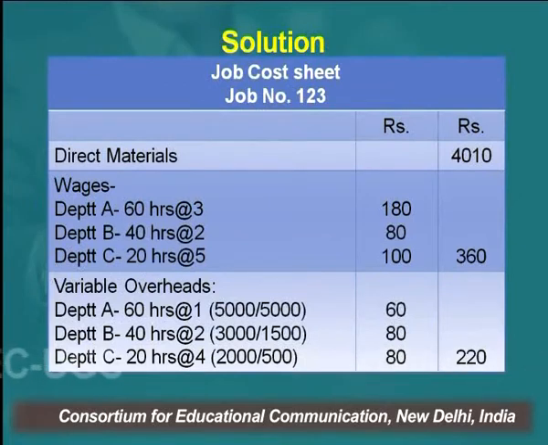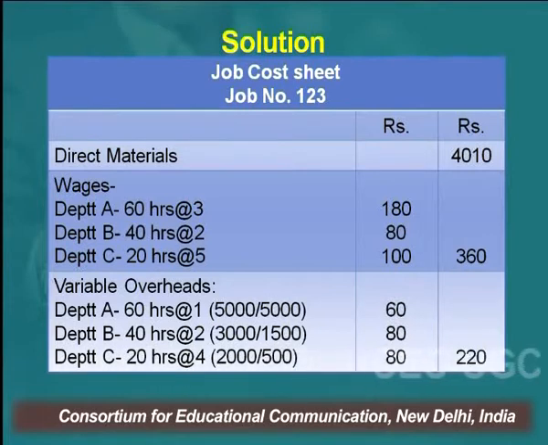Then you have wages. The number of hours is given here. Department A, 60 hours, at the rate of rupees 3, so 180 rupees. Department B, for this job 40 hours have been spent, the rate is rupees 2, it comes to 80 rupees.